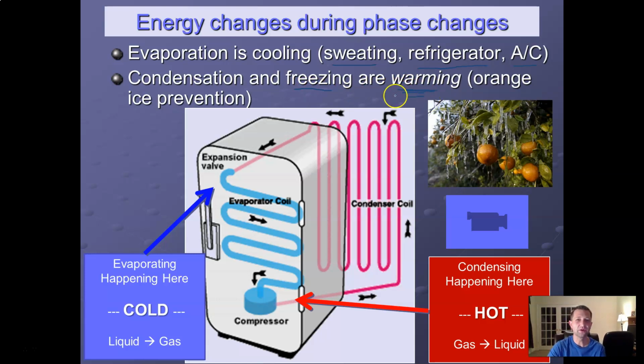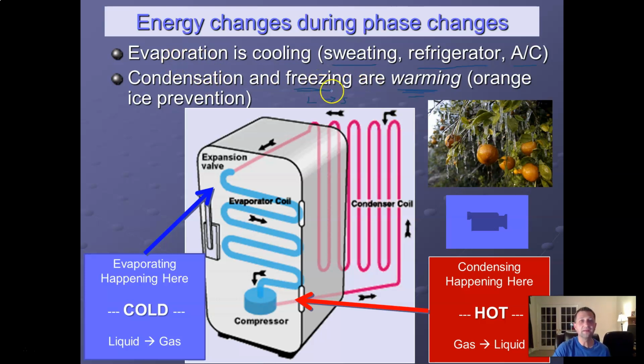How's that work? If something freezes, you go from a liquid to a solid, right? Solids have less energy. So for a liquid to go to a solid, it has to lose energy. Where does that energy go? It goes to the orange. All right? So it actually warms it. So this is pretty neat stuff, I think.